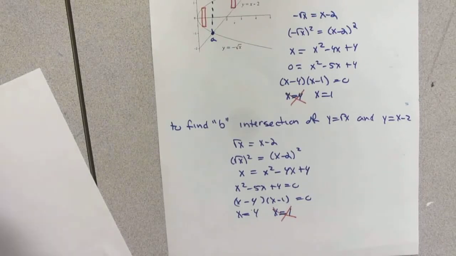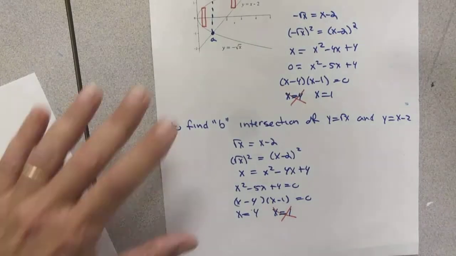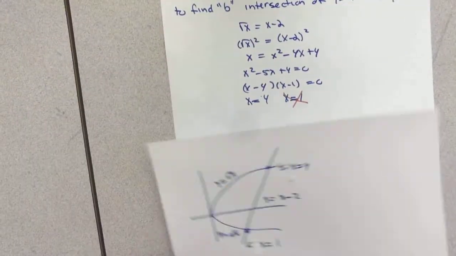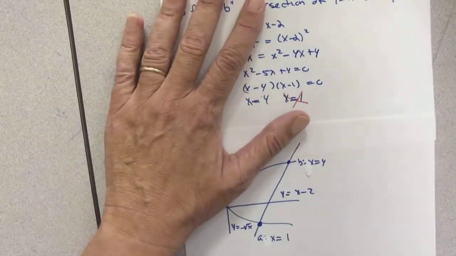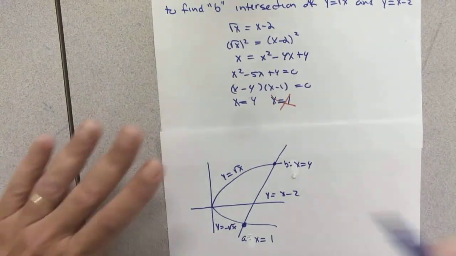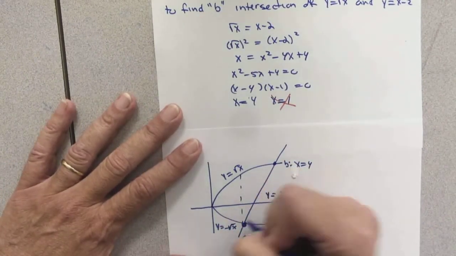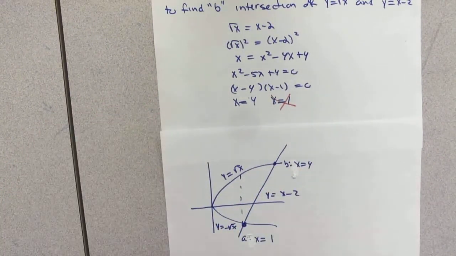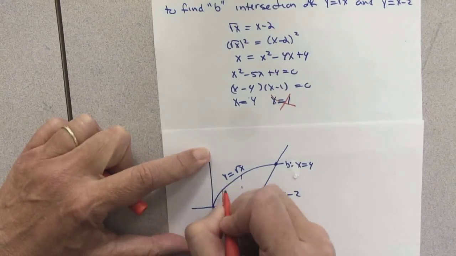This was B, which is x equals 4. This is y equals square root of x, y equals negative square root of x, and y equals x minus 2. So there I've just copied the graph again. Not a very pretty graph, but I copied it again.